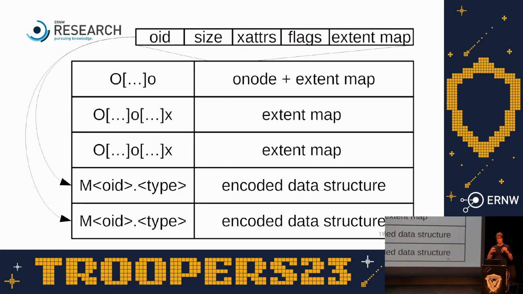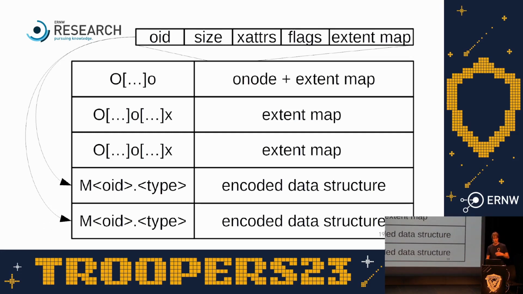Then you know the value of this entry contains the basic information for this object. It contains a data structure that is called onode. In there you find an OID, which is an internal ID for this object, but it's different from the name of the object. You find the size of the object, some additional attributes, extended attributes, some flags and stuff like this. And you find the beginning of the extend map.